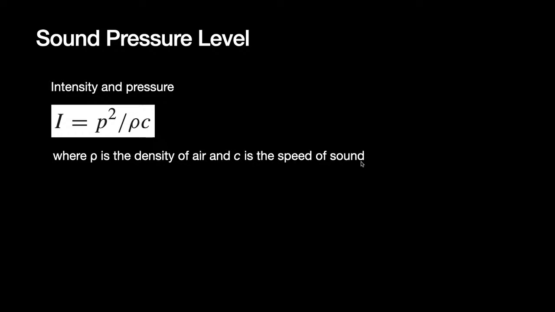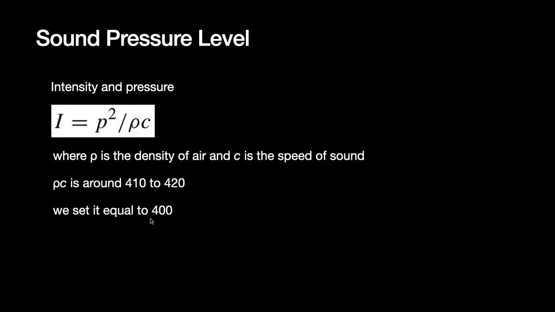So if it's air, the density is around 1.2, 1.3 kg per meter cube, something like that. C is 340 or something. If you multiply at normal temperature and pressure, you get a figure varying somewhere between 410 and 420. For all practical purposes, we will take this figure as 400.